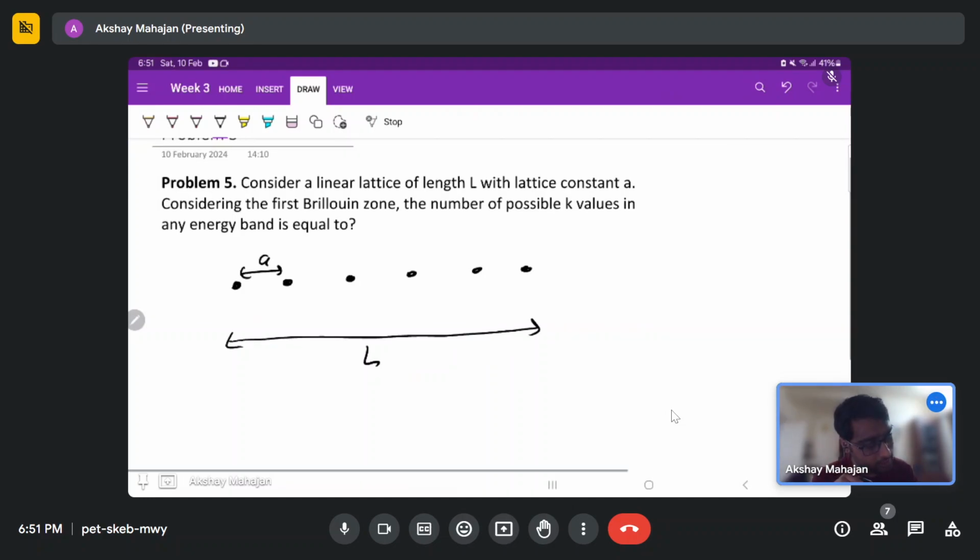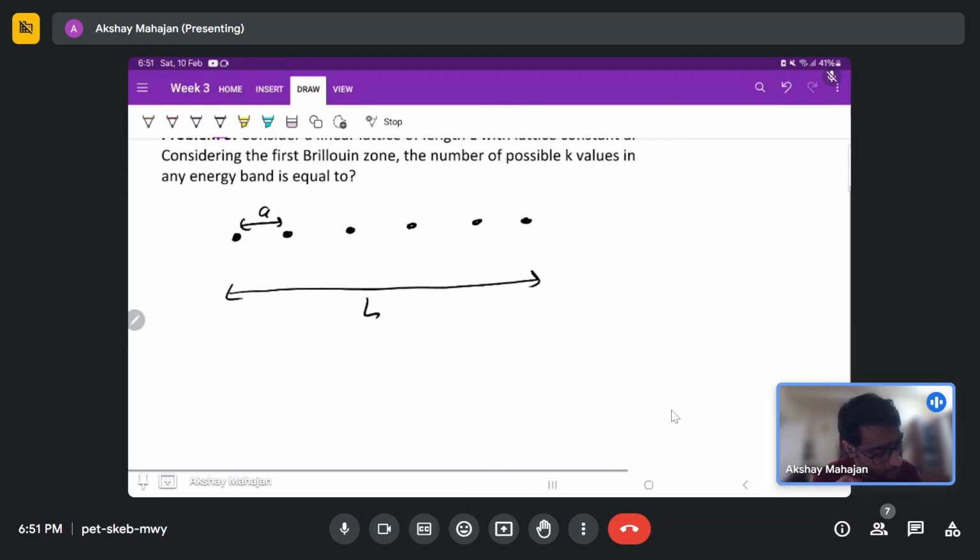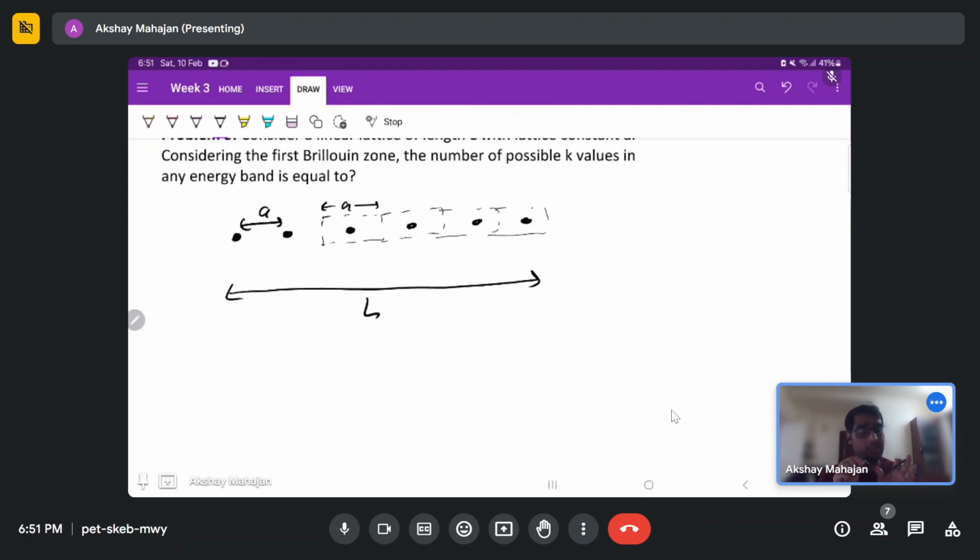You can take this as your unit cell of length a. Your primitive unit cell has one atom, and you can repeat it to make your lattice. It is not an infinite lattice; it has a length L.